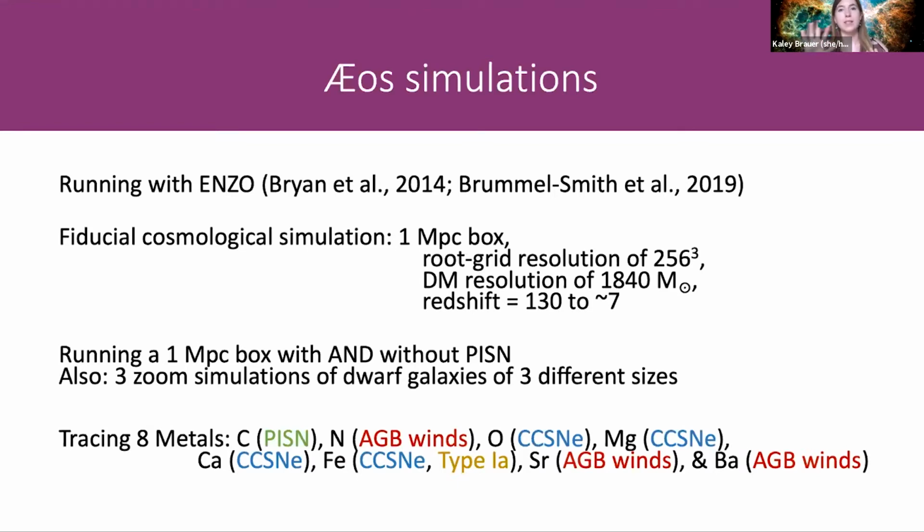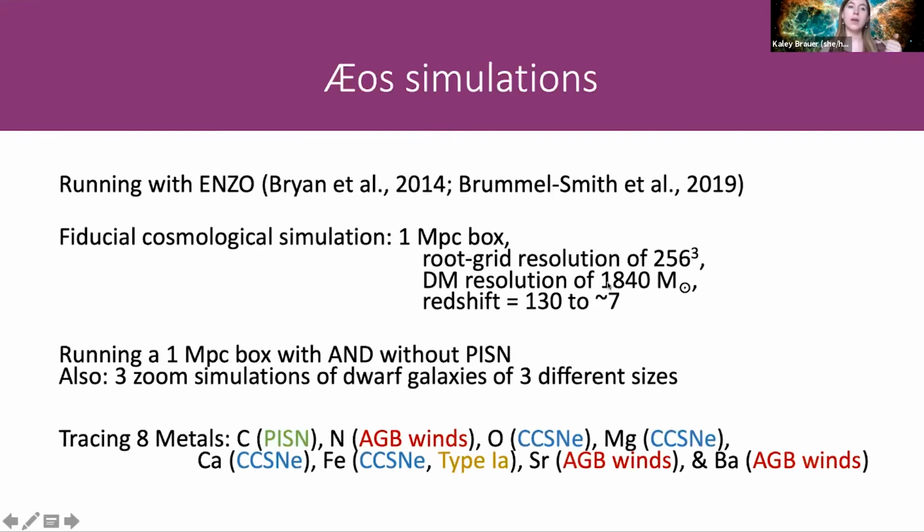We're not planning to continue past that, both for practical reasons, since the simulation slows considerably, and because we're focusing on these dwarf galaxies that form the bulk of their stars prior to reionization. So we're planning to stop around there.